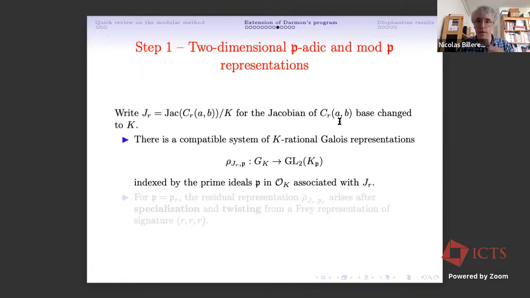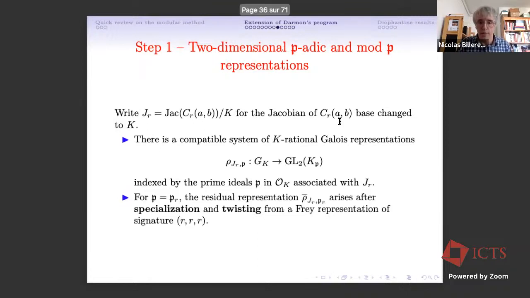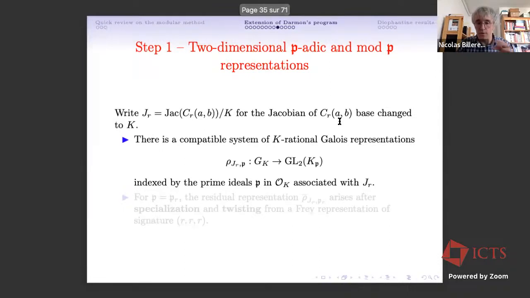And so there is a compatible system of K-rational Galois representations attached to JR, this system being indexed by the prime ideals in OK. And for each specialization, and that's for all prime ideals in OK.